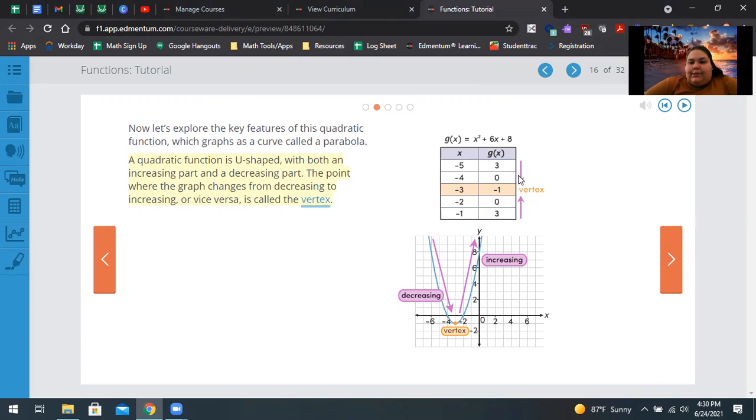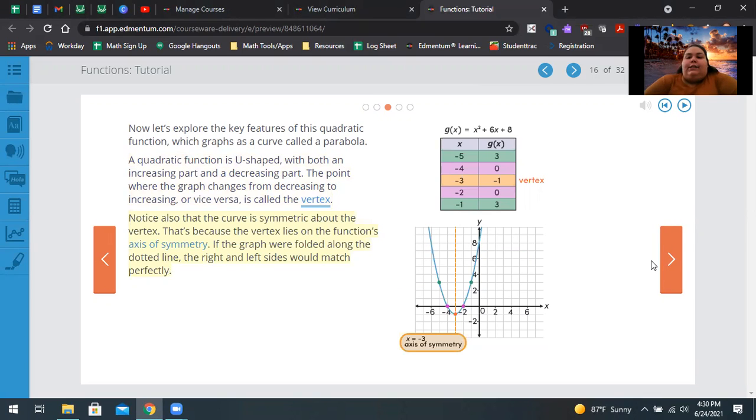So it was decreasing and then it's increasing. That's how the arrows go, down for decreasing, up for increasing. Also, like those little rainbow loops that repeat, that's how you know you have that vertex there.